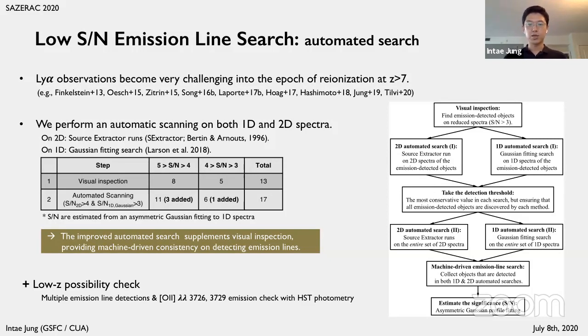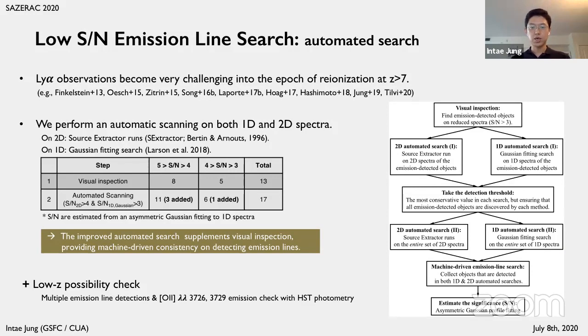After the detailed data reduction correcting the non-slit drift issue of MOSFIRE, we specifically performed automatic scanning on both 1D and 2D spectra. Our automatic scanning has been done with Source Extractor runs on 2D spectra and 1D Gaussian fitting search on 1D spectra. In short, this automatic scanning detected several emission lines missed from visual inspection, which supplements that visual inspection and guarantees the machine-driven consistency on detecting the faint emission lines.